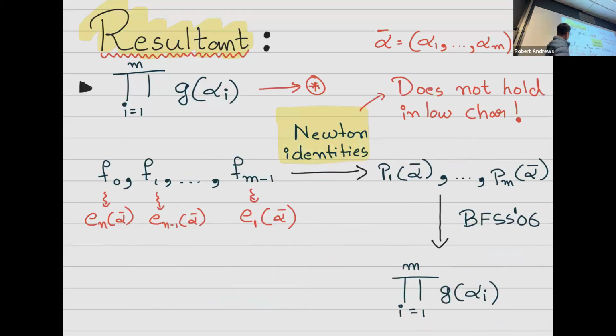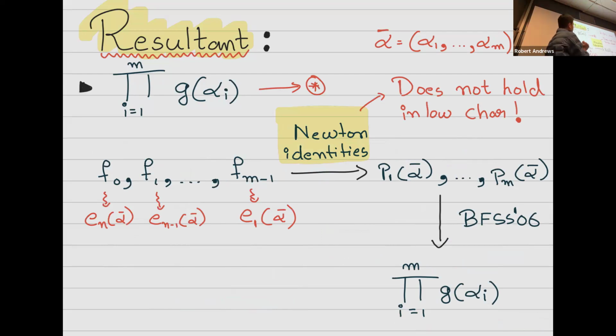So we have access to f0 to fm minus 1, which are the elementary symmetric polynomials in the roots. Using Newton identities, we can get access to the power symmetric polynomials. The Newton identities let us convert, given the elementary symmetric polynomials over a set of variables, to the power symmetric polynomials.